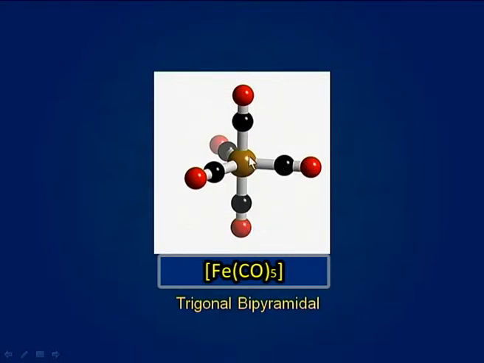You can see in trigonal bipyramidal geometry, there are two types of bonds. 3 bonds are equatorial and 2 bonds are axial. One ligand metal ligand bond angle is 120 degrees and the other is 90 degrees. So, two types of bond angles are found in trigonal bipyramidal geometry.